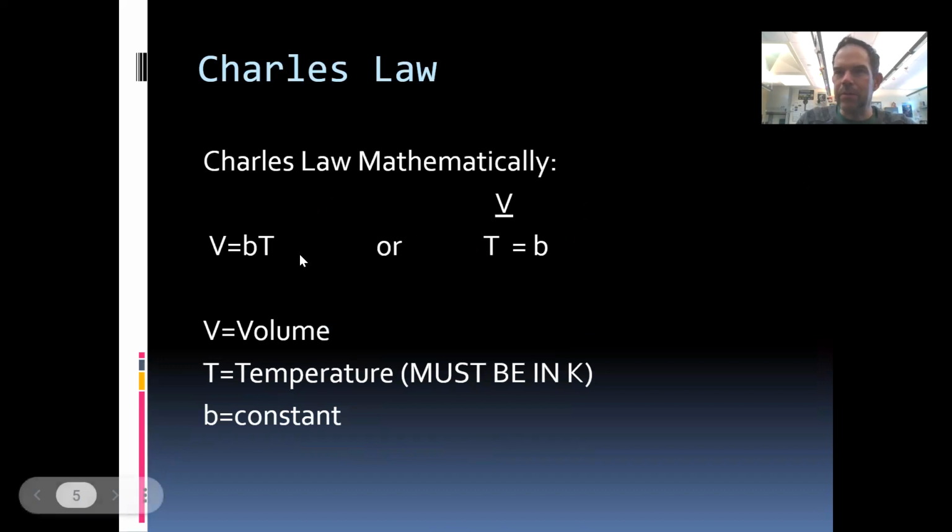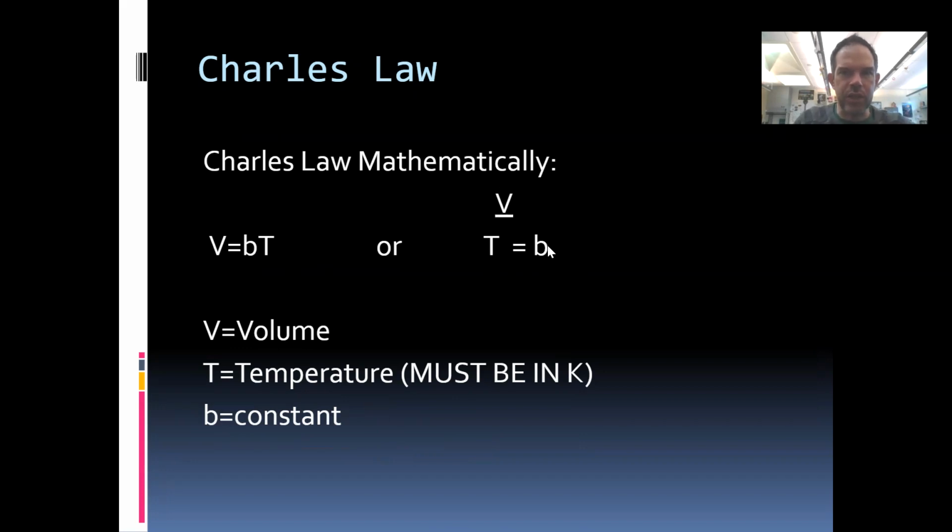Here's the math that led to those graphs. Charles in this case calculated a constant. If you look here, volume equals this constant times temperature, or you could write it this way. If you do V over T and solve for the constant, that means if you change your temperature, your volume is going to change too.